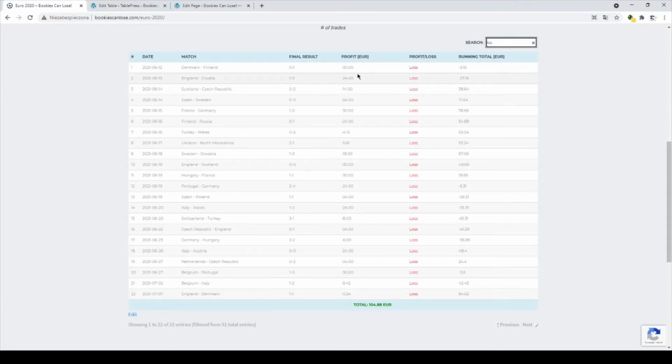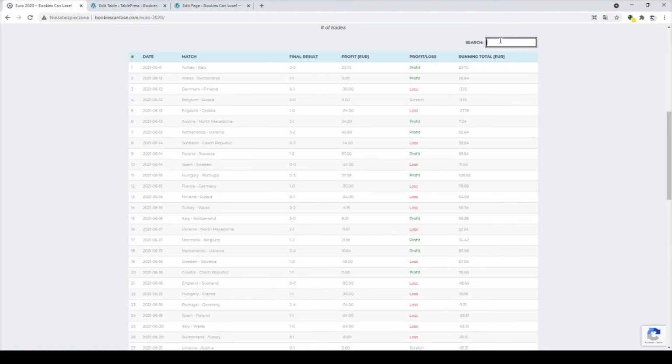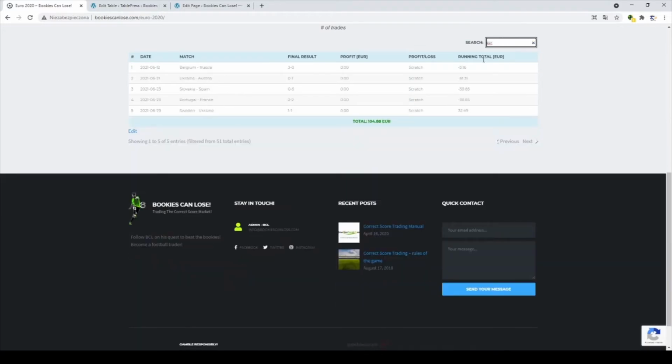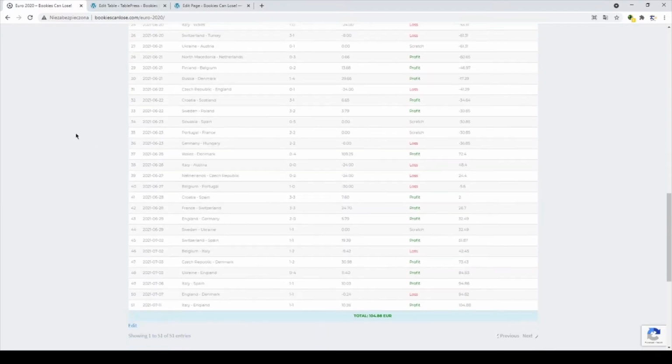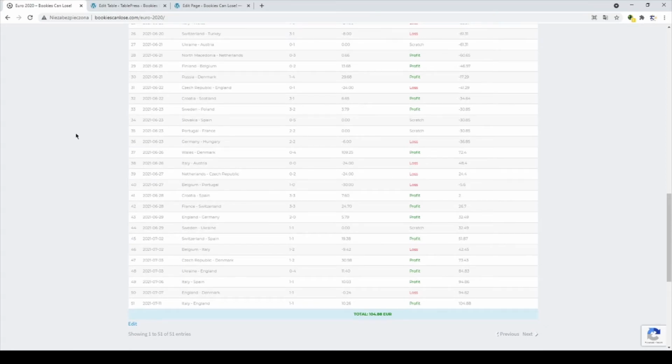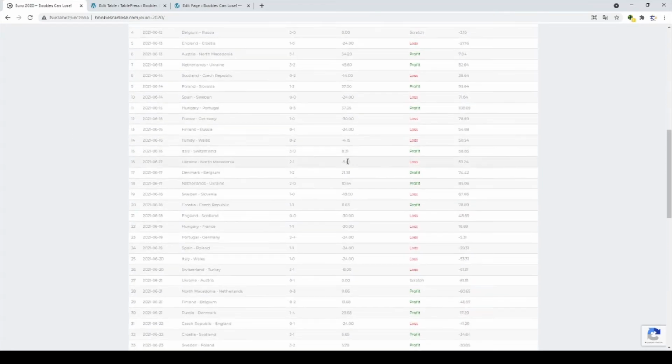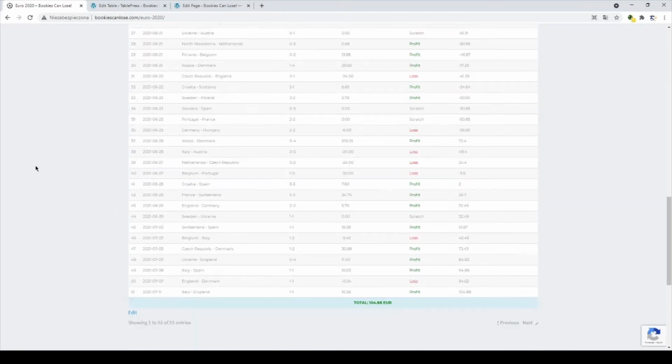There were some trades where we lost the whole stake, some where we lost like -4, -5, -8, 6, or even -0.24 in England-Denmark. And we had 5 scratch trades, where there was no profit, no loss. So overall, quite good: 50-50-ish in terms of profitable trades and trades with a loss.